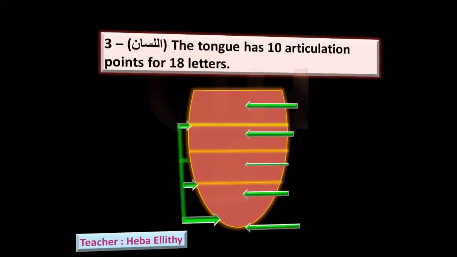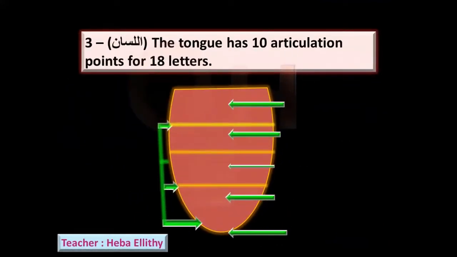I will remind you about this picture from one of the videos before, to remember everything about the tongue. It's very important to put this part in your mind, so you can get the articulation points of the letters from the tongue the easy way. Let's watch it together.